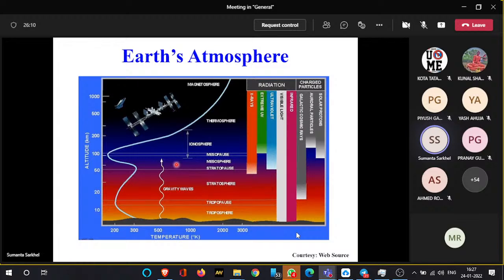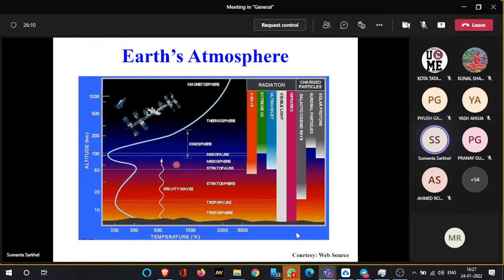Extreme ultraviolet means the wavelength is less than 300 nanometer, or 3000 angstrom. UV means it is less than 400 nanometer, or 4000 angstrom. So these radiations are getting absorbed in the thermospheric region, and X-rays as well.